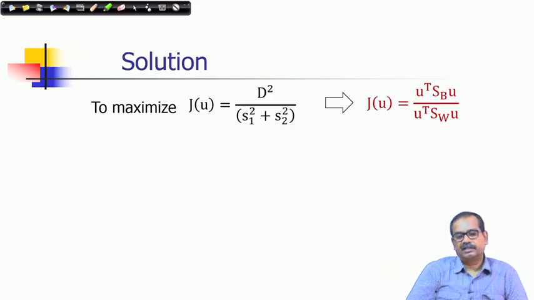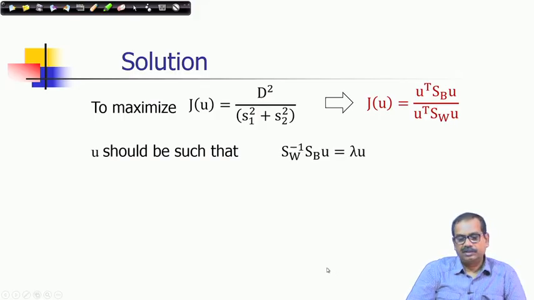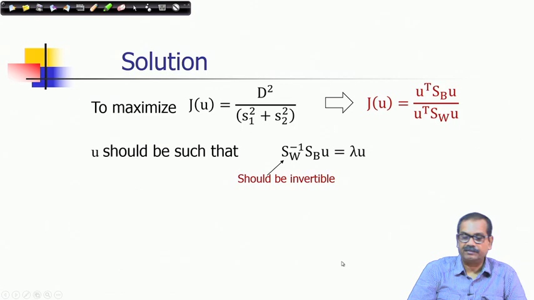So, this is the problem of optimization, that you have to maximize it. Once again, u should be a unit vector, that is a constraint. So, u should be such that it can be shown that SW inverse SB u equals lambda u, provided SW is invertible.